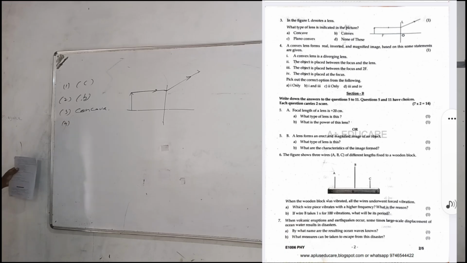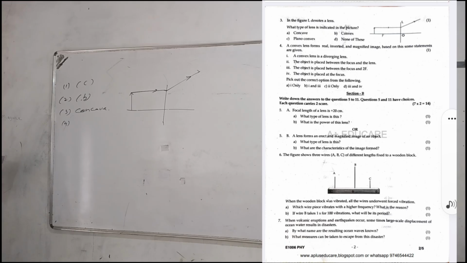Fourth question, look. A convex lens forms a real, inverted and magnified image. Statements based on this are given. Option 1, a convex lens is a diverging lens. It is wrong. Option 2, the object is placed between the focus and the lens.